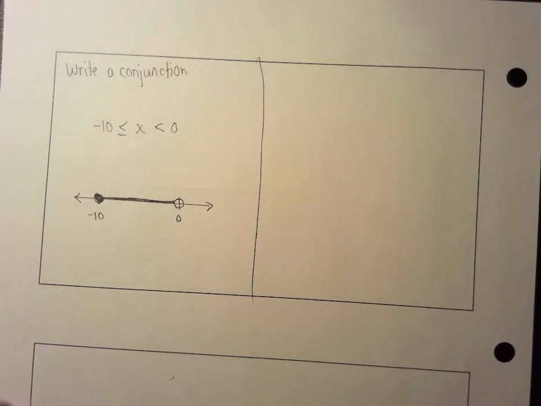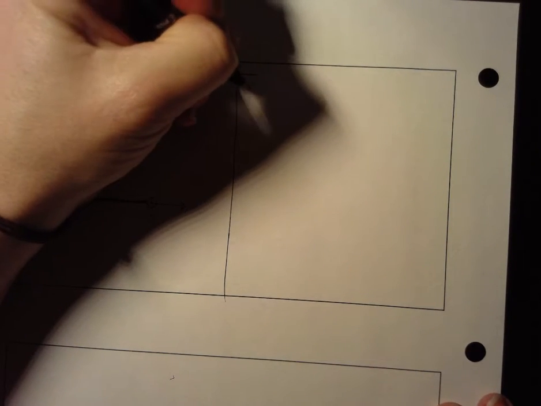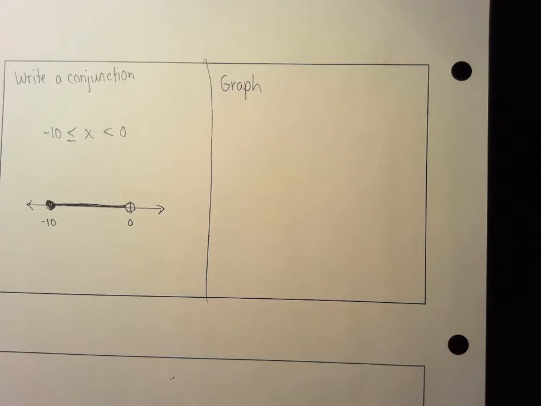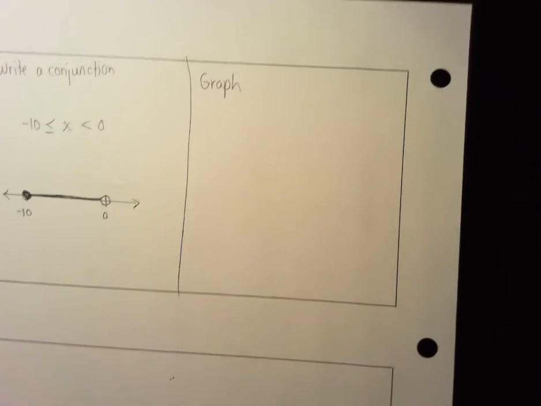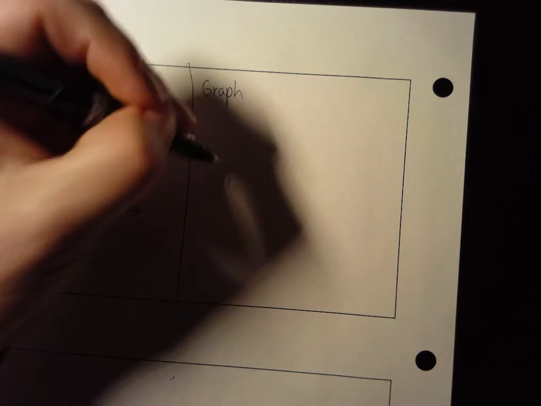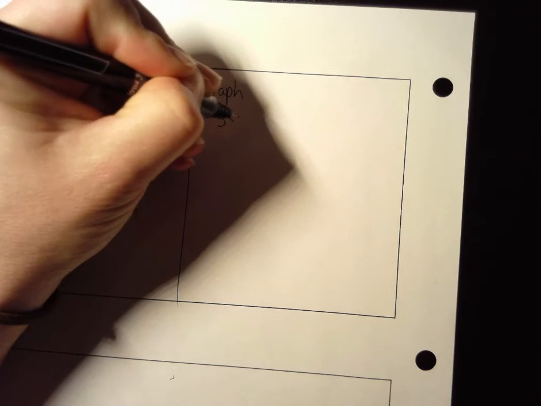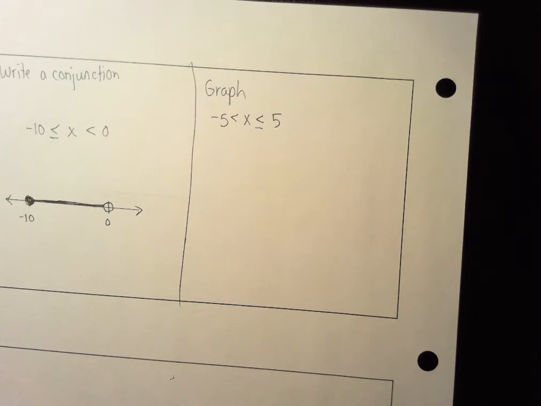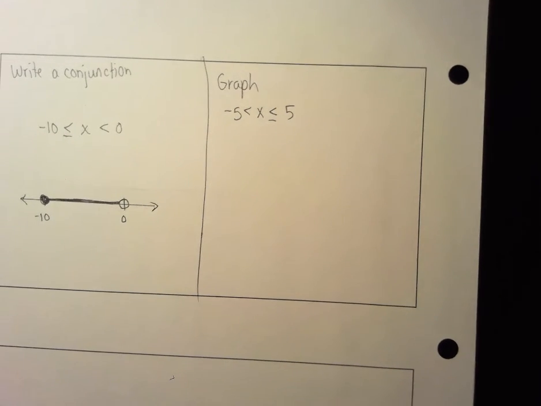Let's do maybe one or two more examples. So the next thing I want you to do is graph this conjunction. Graph the solution using a number line. -5 is less than x is less than or equal to +5. So go ahead, take a minute and graph that.